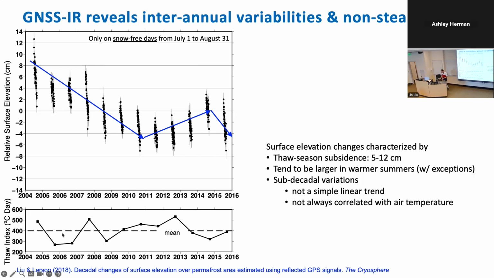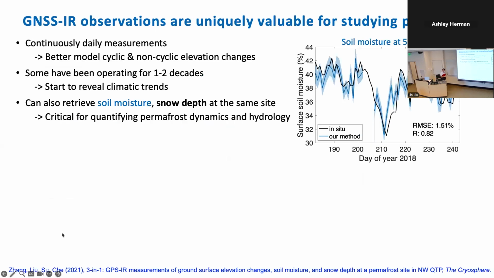All right, to summarize, we find that turning noise into observations, in this case GPS IR, is uniquely valuable for studying permafrost in different ways. It gives continuous daily measurements compared to InSAR's only a few weeks to a few months.